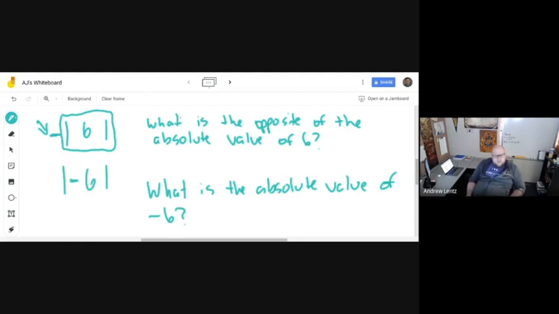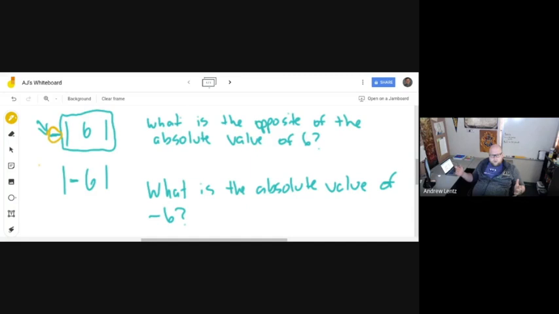Do we see the difference between these two questions? The fact that this negative sign right here is on the outside of the absolute value, this isn't the absolute value of negative 6. This is the opposite of the absolute value of 6. We have to convert the math symbols into basically reading at this point.